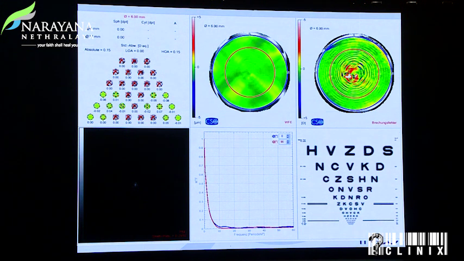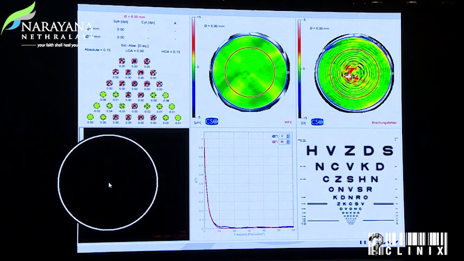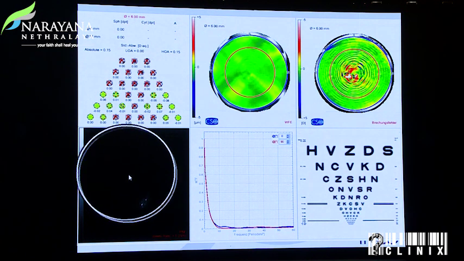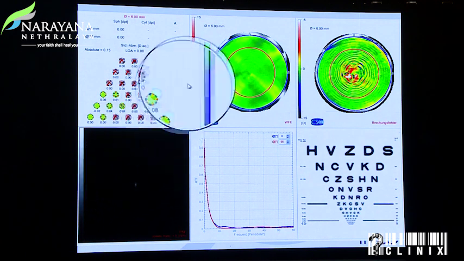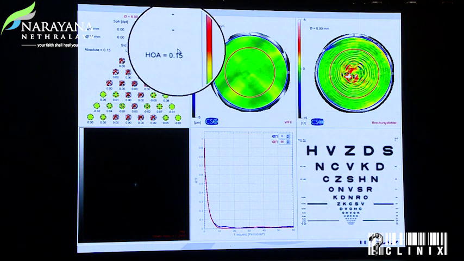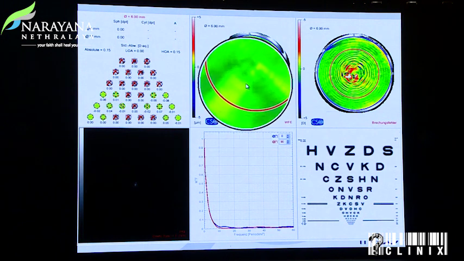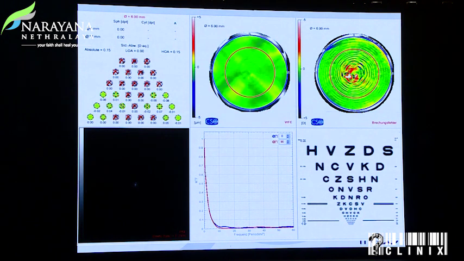And if you correct all important high order aberrations, look at this point spread function down there. We are really nicely creating a spot with a little bit of a halo, but not too much. The high order aberration is down at 0.15. However, we don't have any spherical aberration in the center anymore. See, nothing is going on. So we killed the apodization effect. There is no more power in the center compared to the periphery.